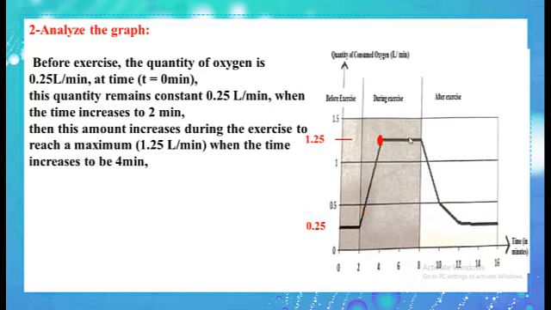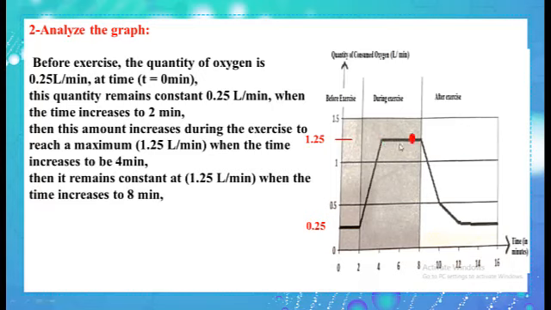Then this quantity increases immediately during exercise to reach a maximum of 1.25 liter per minute when the time also increases to be 4 minutes. Then what happens to the quantity of consumed oxygen during the exercise? Then it remains constant at 1.25 liter per minute when the time increases to be 8 minutes.